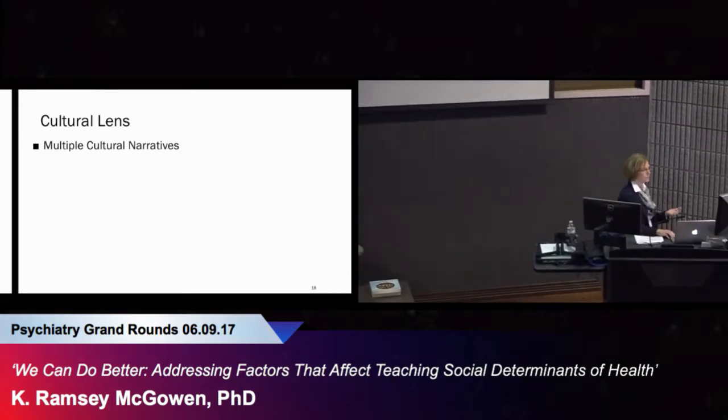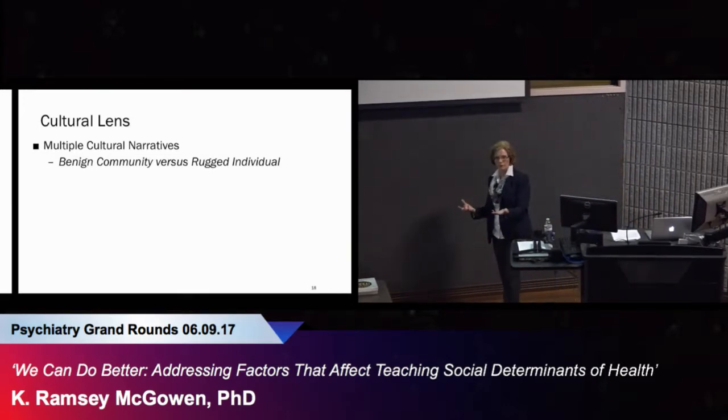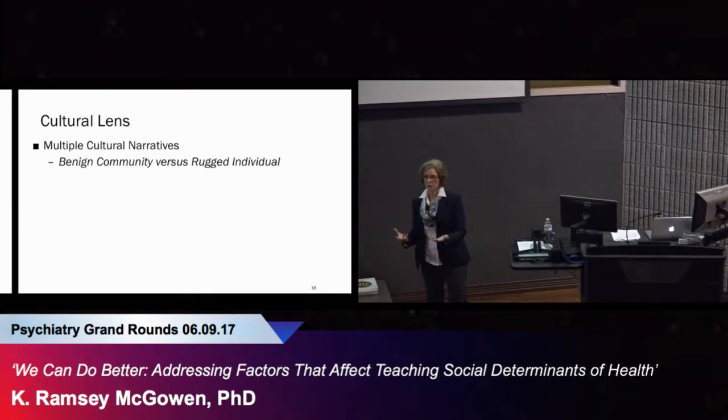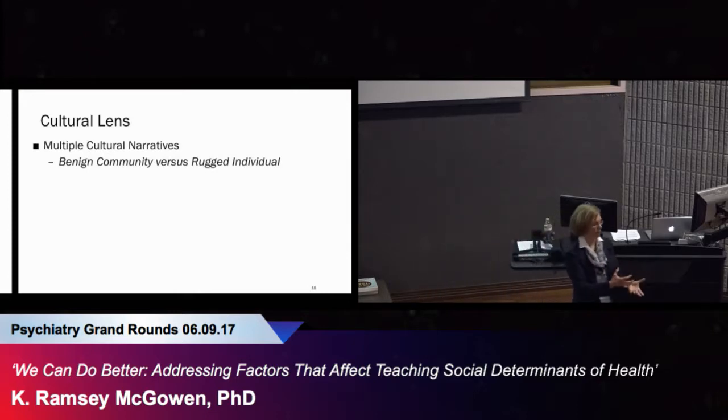Two prominent ones are the benign community. We are a caring society. We look out for those in need. We help each other in times of distress. We pull together when a hurricane or an earthquake causes disruption in social lives. We care.